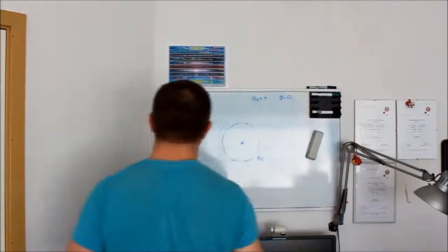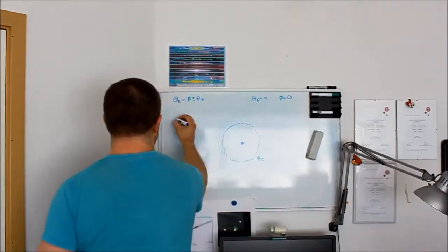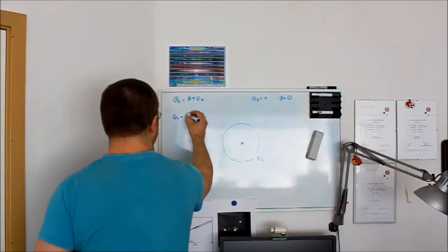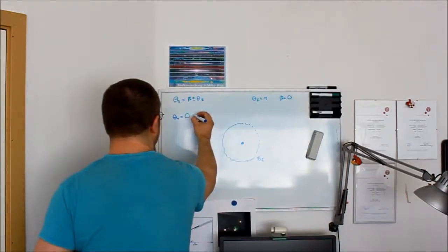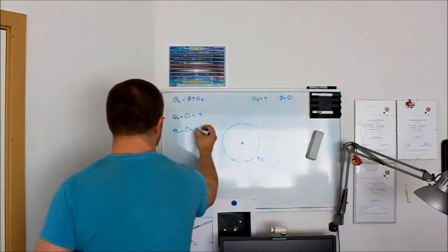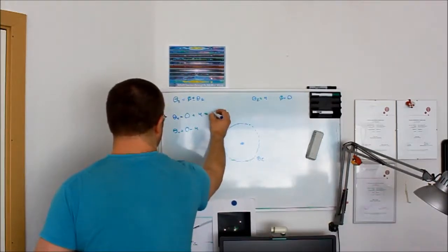Zero. So the first solution, theta plus, is equal to theta 0 plus 4. And the other, theta minus, is equal to 0 minus 4. So this will give 4, this will give minus 4.